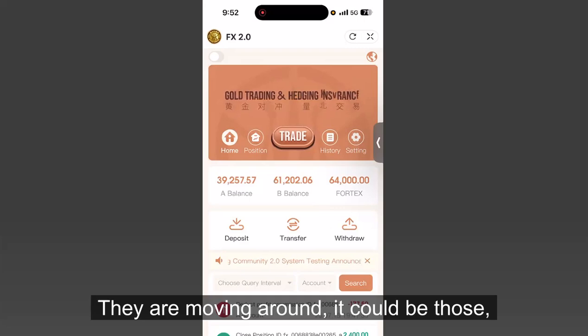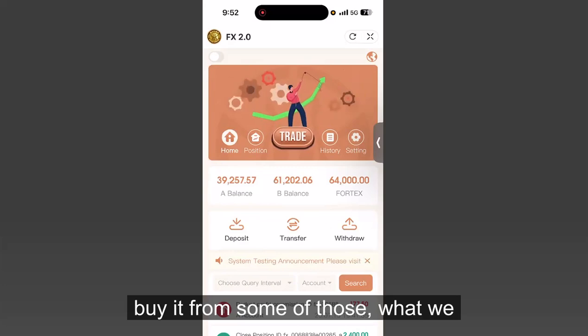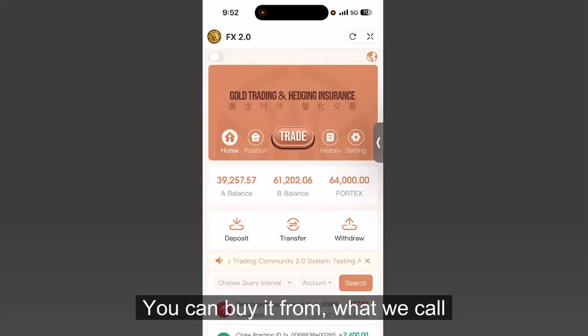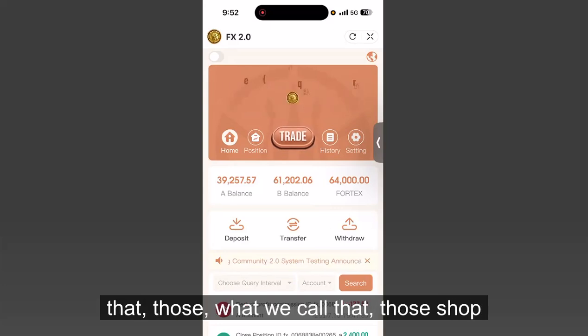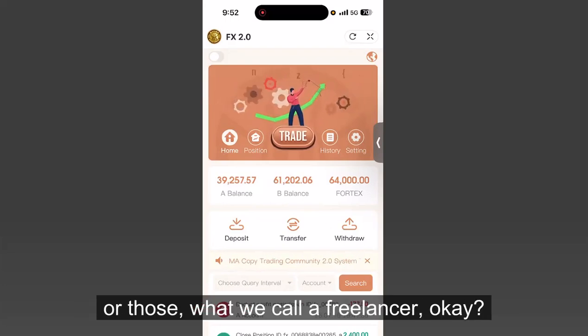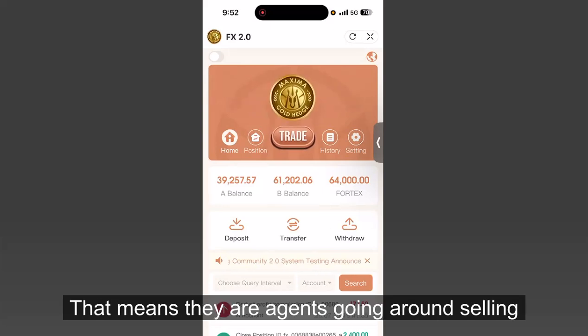You can buy it from exchanges, from shop-based suppliers, or from freelancers, that means agents going around selling USDT.